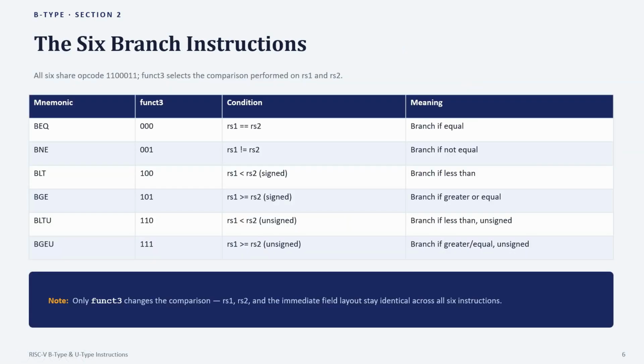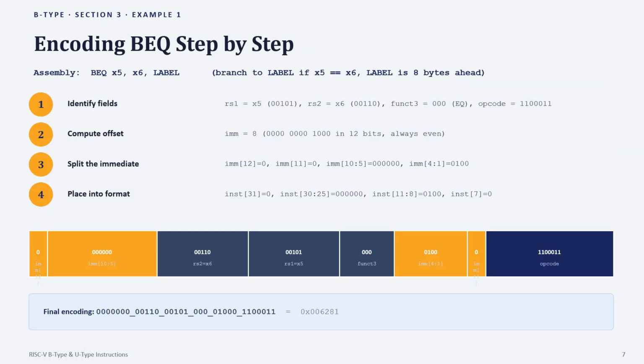Now let us see how exactly we perform the operation. Here you can see a particular assembly language instruction written, BEQ, which is nothing but branch if equal. What are we going to do? We are going to compare the contents of the X5 register and the X6 register. If these two are equal, then the label is 8 bytes.